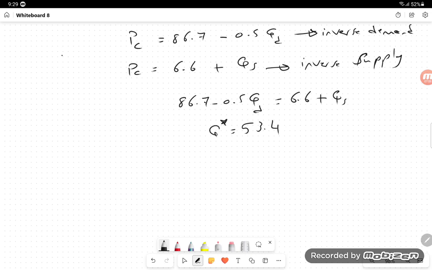And now we are going to substitute in the inverse demand function or the inverse supply function to find the equilibrium price. So the equilibrium price will be 6.6 plus 53.4, which is 60.